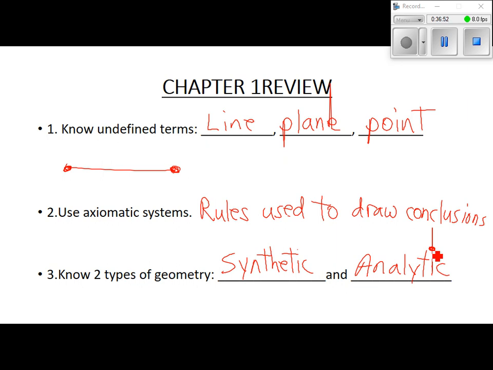How can we tell the difference? Anything that's on a graph is analytic. Everything else is synthetic. So that's the easiest way. Either it's analytic because it's on a graph, or it's got to be the other.